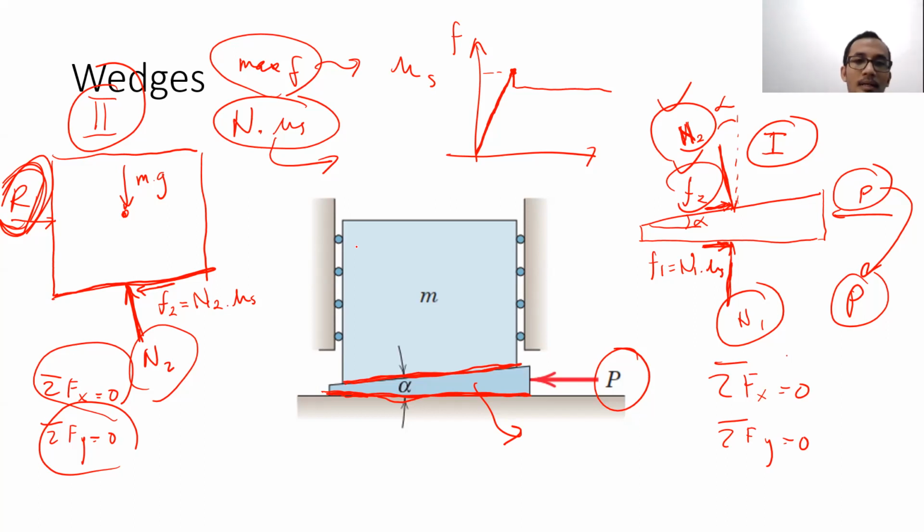Any other question here about the theory of the wedge in order to put the wedge in? Shabina, do you have any question?